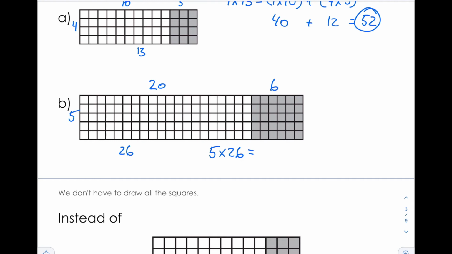So this breaks down into 5 times 20 plus 5 times 6. 5 times 20 is 100, you may know that, or you may just say 5 times 2 is 10 plus that extra 0 makes 100. 5 times 6 is 30, and our total answer is 130.